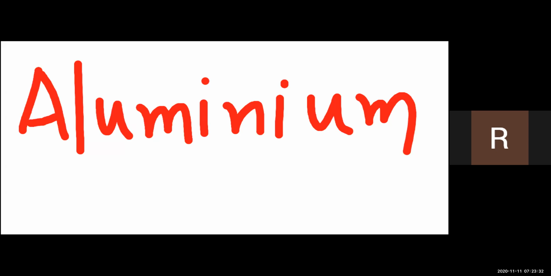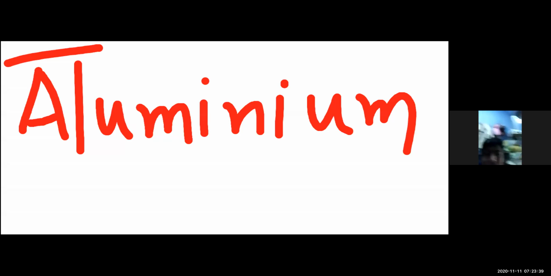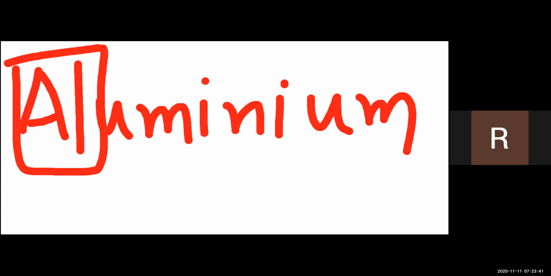Aluminium. Aluminium is the name of the element. These two letters, students: capital A and small l. Small l. Aluminium. So its symbol is this. Write it like this.